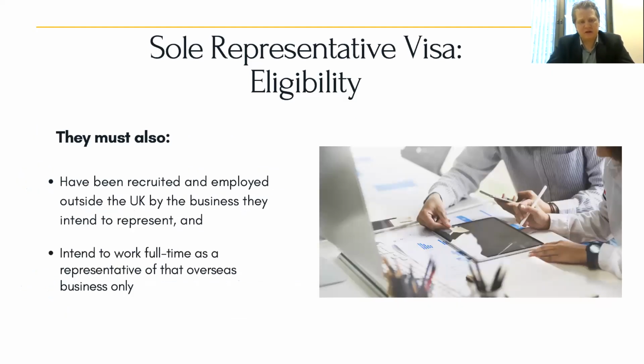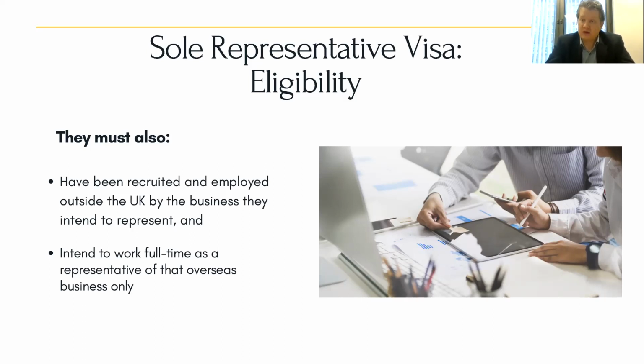Let's talk about eligibility. In terms of eligibility, it's quite complex because a lot of evidence is required that a person has been recruited and employed outside of the UK. A lot of clients ask us how the person can be recruited and employed if, for example, they met somewhere else in the UK.